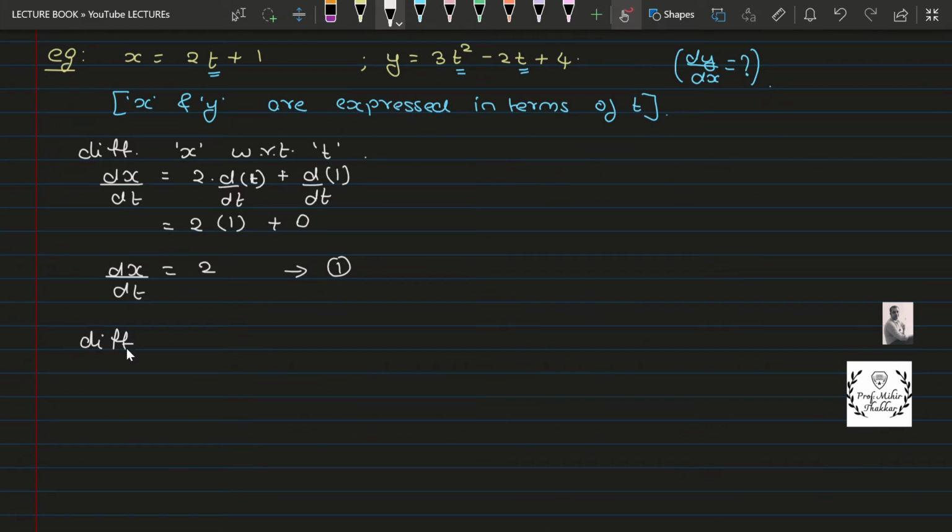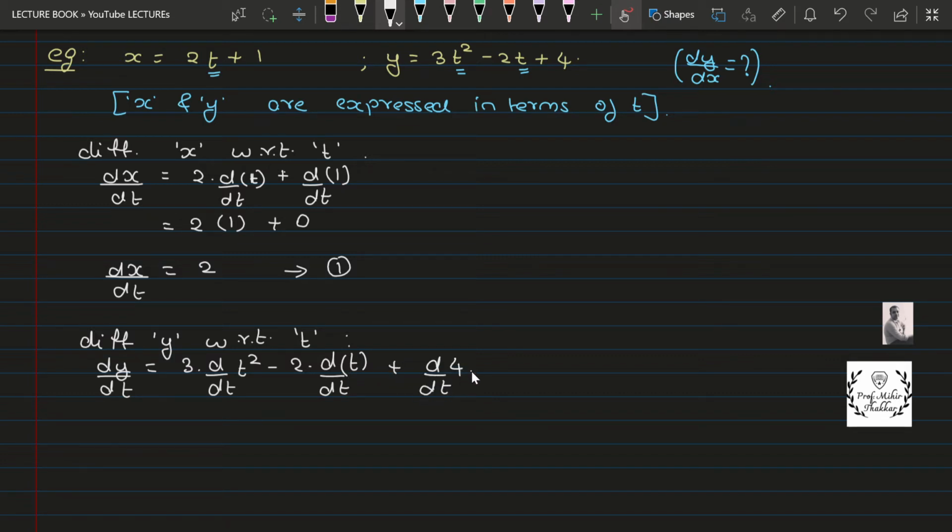We differentiate y with respect to t. On the left hand side we get dy by dt, and on the right hand side I have to take the derivative of each and every term. So it is 3 times the derivative of t square, minus 2 times d by dt of t, plus the derivative of 4.